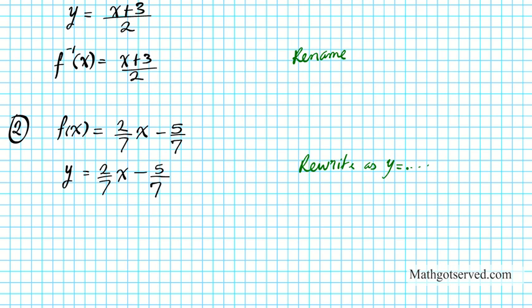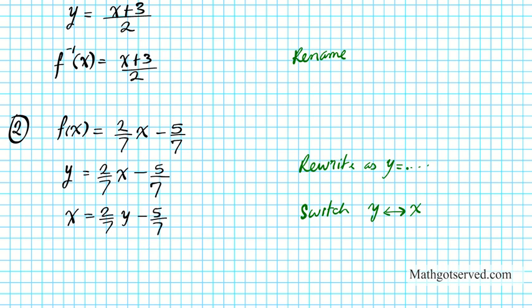The next thing we're going to do is switch the y's for my x's and my x's for my y's, because when you find an inverse, the output becomes the input and the input becomes the output. So this is going to become x equals 2 over 7y minus 5 over 7.